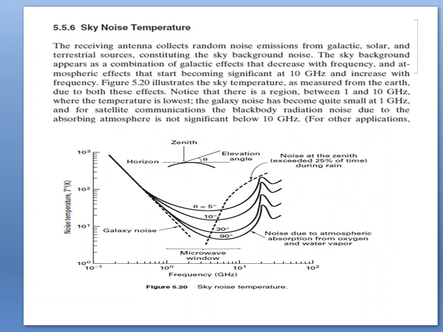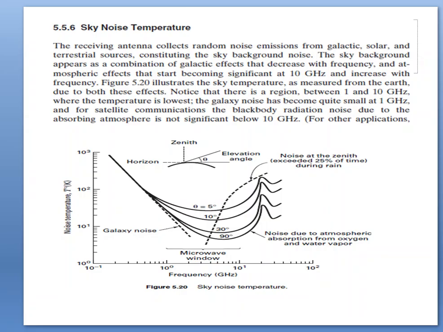Now we move to an important topic, that is sky noise temperature. This is our last topic in the noise figure. The receiving antenna collects random noise emission from galactic, solar and terrestrial sources, which we can call the galaxy. These constitute the sky background noise.